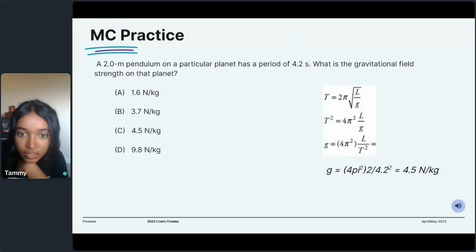I'm sure if you break it down, newtons are kg m squared. Okay, I'm going to take Juliana's word for it. All right. Any other questions?